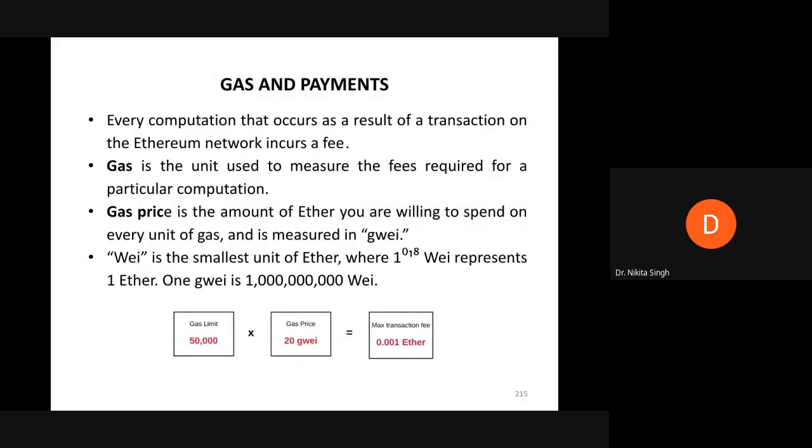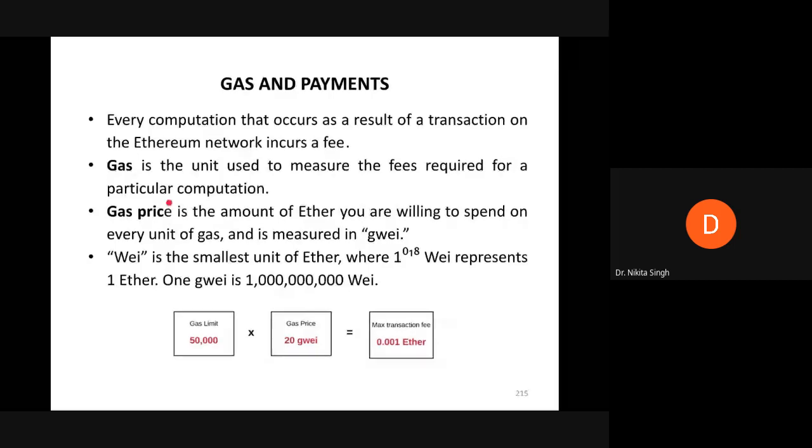So if you look at this here, we have a gas limit and we have the gas price. This gas price I will set depending upon how fast or slow I want my transaction to get confirmed.